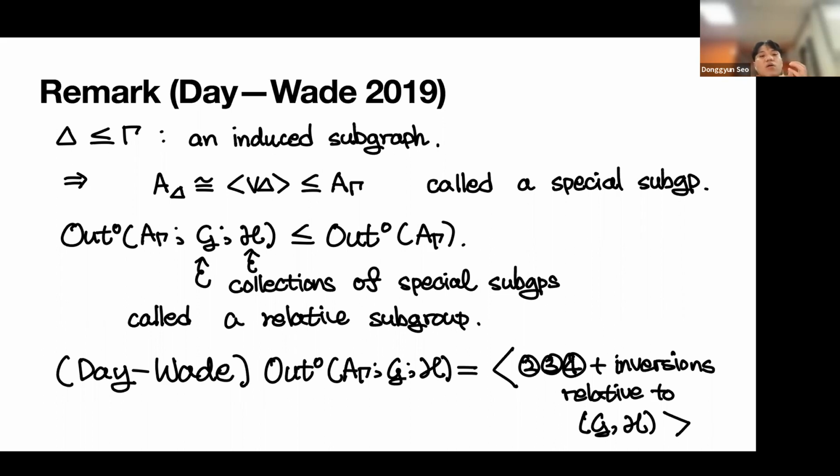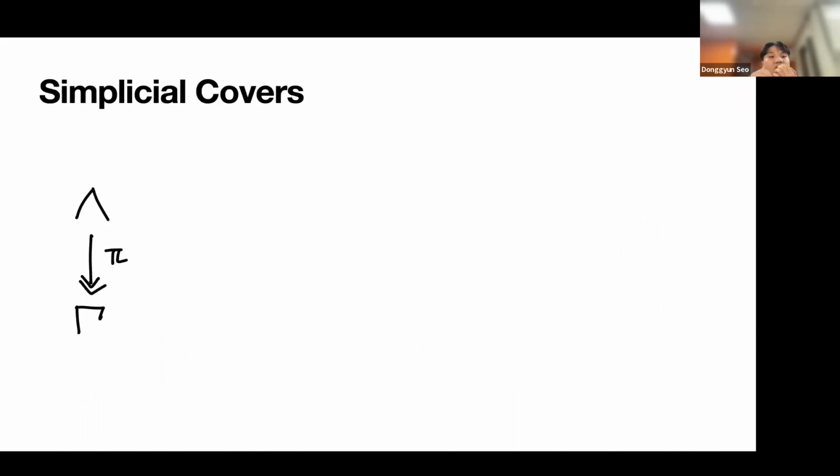Okay, but our first result is very similar. Our direction, Philip's and mine, is finding another subgroup of the automorphism group of the right-angled Artin group. So we start from the simplicial cover.